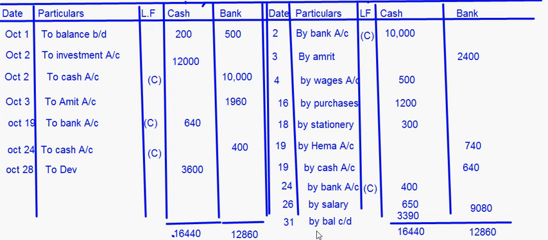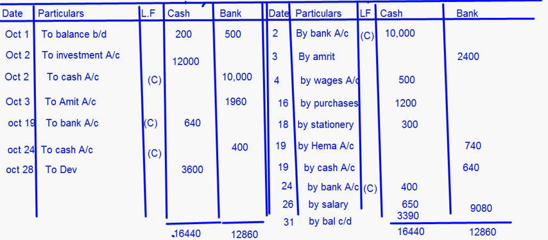So this is the closing balance of the cash account and the bank account for this particular month, right? So now we have entered all the transactions here, and we have found out the balances also.